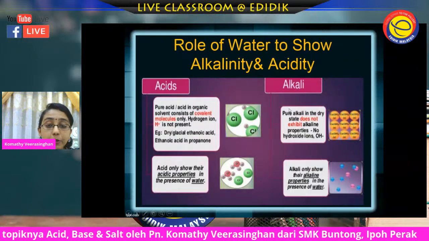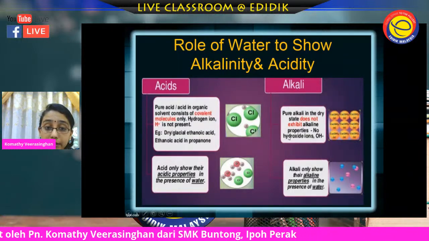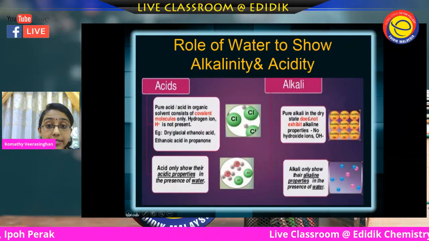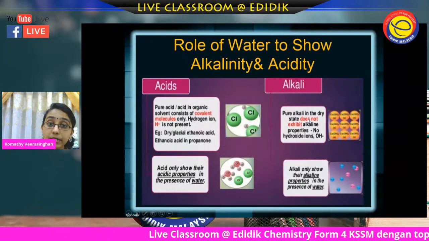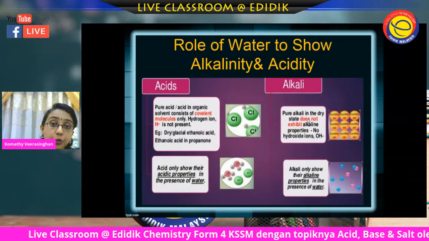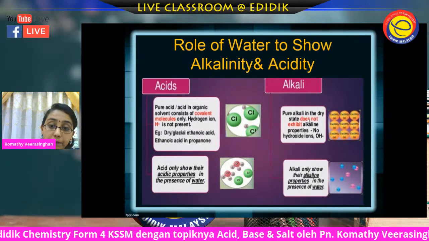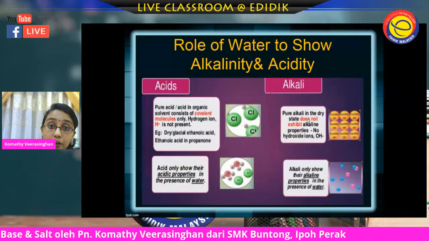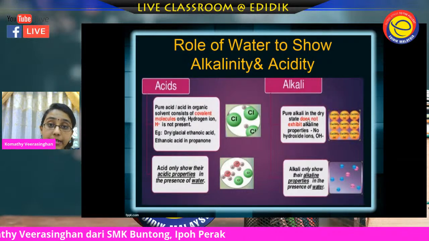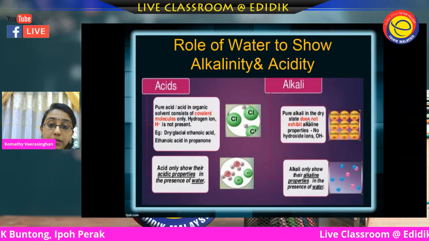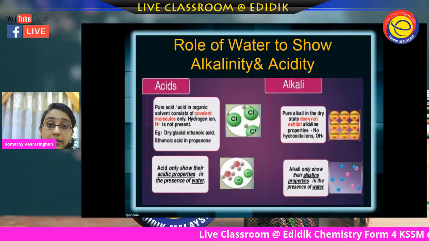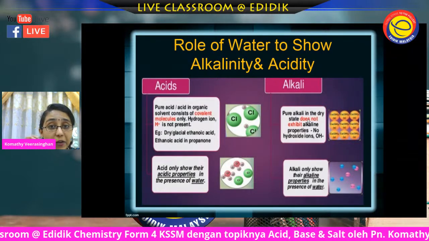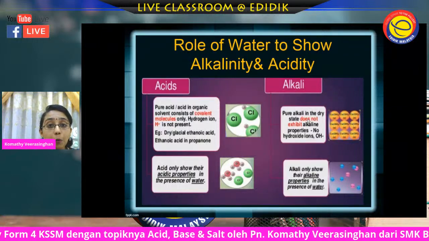And the same story goes for alkalis. Even alkalis, if they are pure and in a dry state, for example in solid state, aren't able to show their alkaline properties. They can only show alkaline properties after they dissolve and ionize to form hydroxide ions. Because only in water, class, remember, acids and alkalis can ionize.